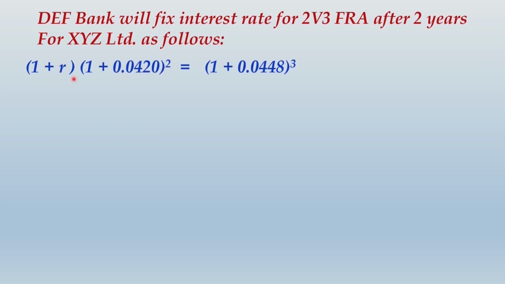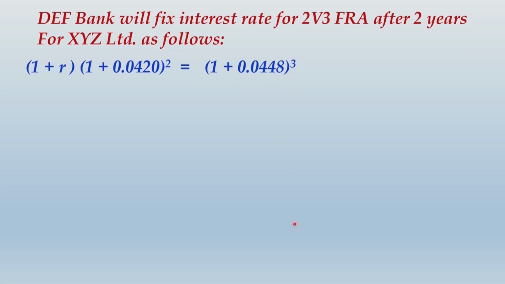For the third year the applicable rate is R, so we have multiplied by (1 + R). And obviously this would match with the yield rate of the 3-year bond that will be offering 4.48% per annum, so (1 + 0.0448) raised to 3.